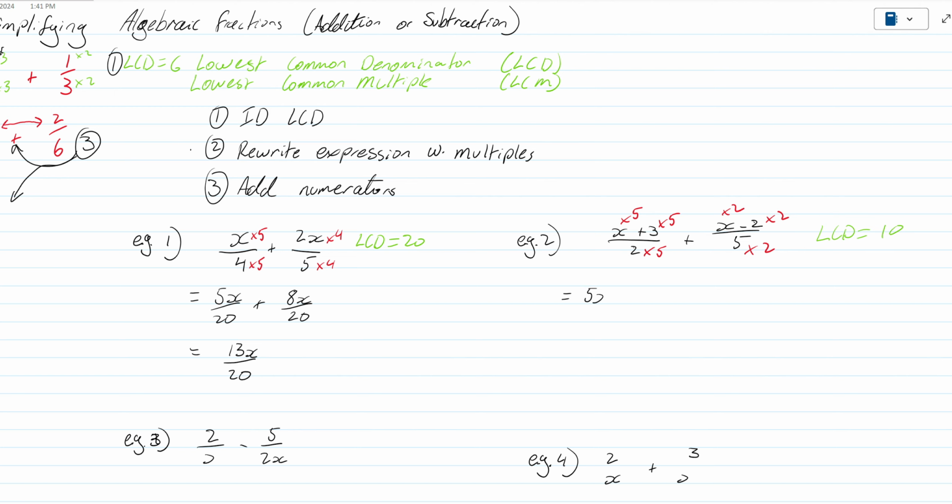So we have 5x plus 15 over 10 plus 2x minus 4 over 10. And you can actually join the denominators and rewrite it as one single fraction. Don't know why I wrote 4 there, that should be 10.